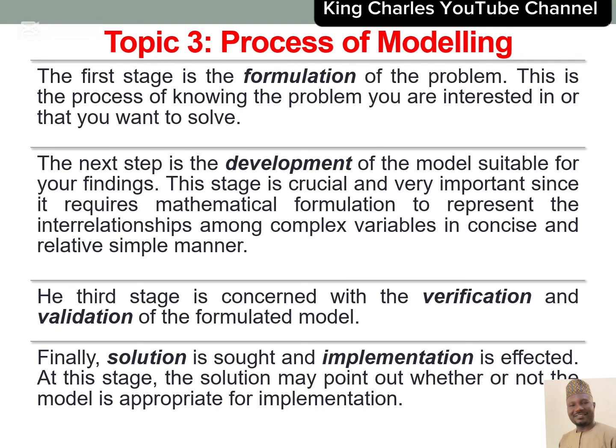Having discussed this, you develop a model, which is the second stage. You develop a suitable model which will show the relationship that exists between these variables and performance in economics.